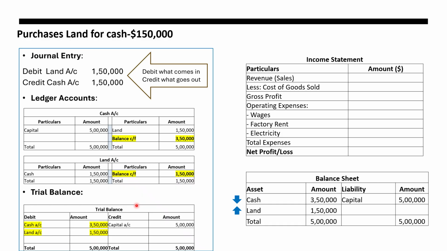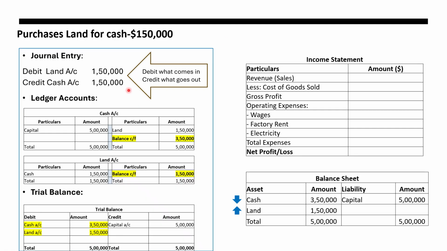So land is an asset and it's a real account and land is coming in. We have purchased land. So debit what comes in, we will debit land and we are paying cash. So cash is going out. So credit what goes out. So debit land for 1,50,000 and credit cash for 1,50,000. So this is the journal entry for this transaction.